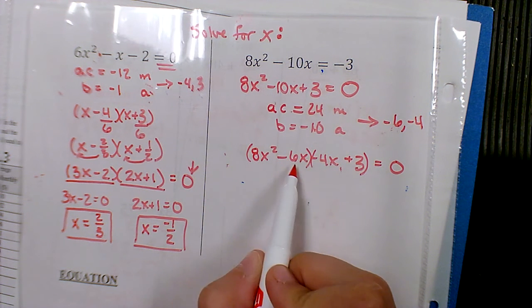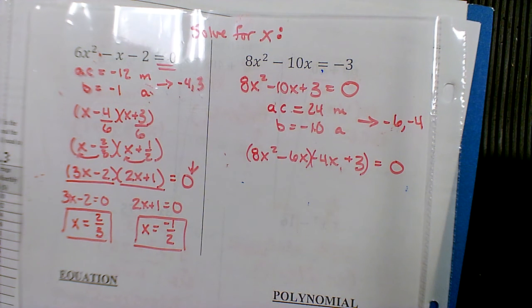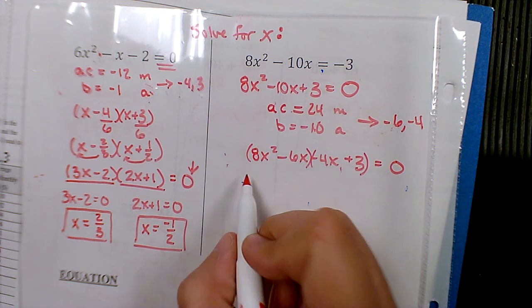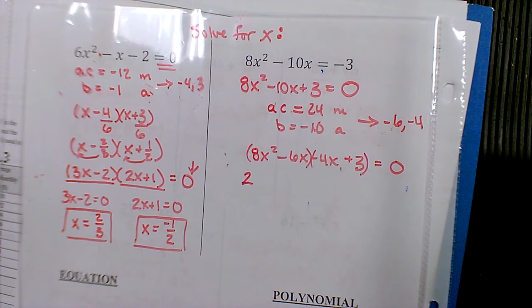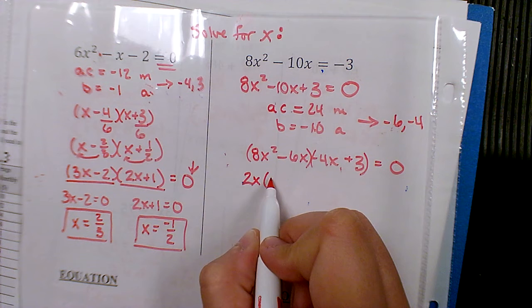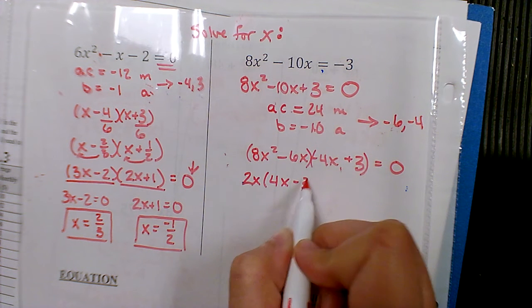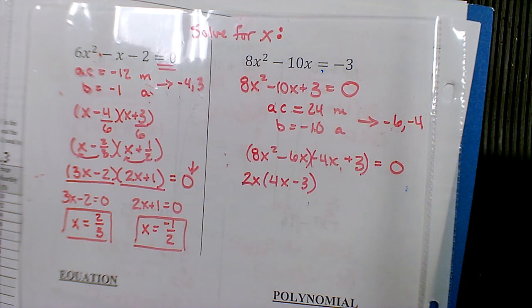What's a GCF we can remove from the first group? Go ahead. A 2 and an x. Good. Okay. So we're left with 4x minus 3. Now we have to get our second group to match that. Notice how it kind of already does, but not exactly. So what do we have to remove as a GCF from the second group?